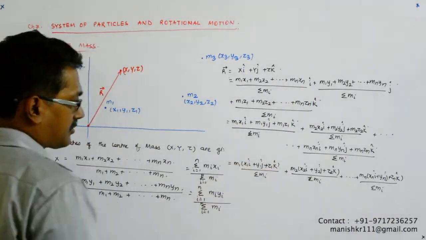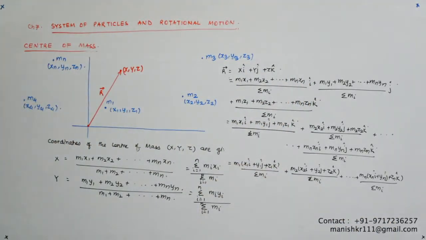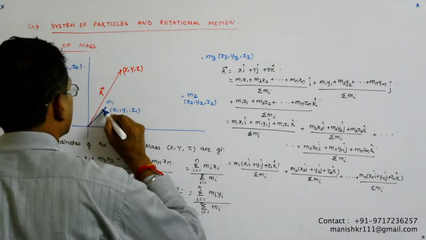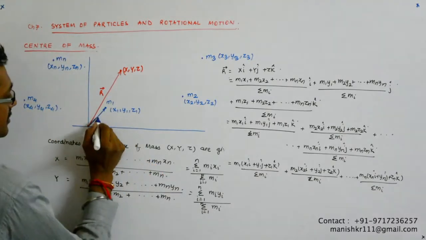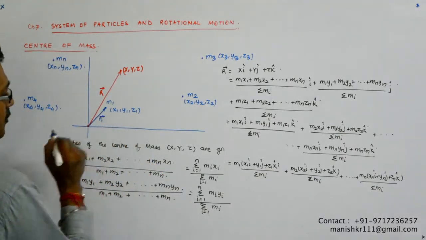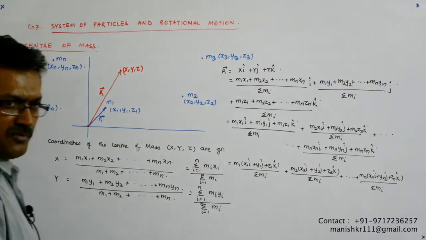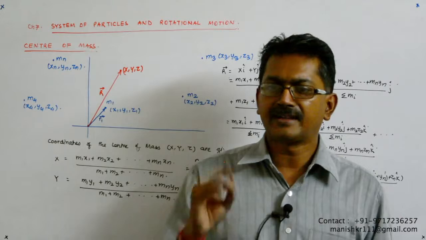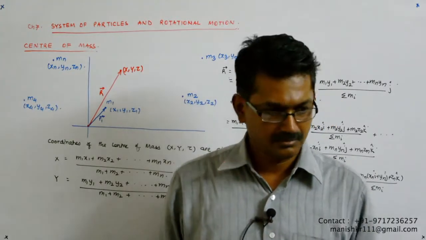Now what is this? x1 i cap plus y1 j cap plus z1 k cap is what? It is this, is it not? And this vector is r1, position vector. What are the position vectors? Position vectors always have their initial points at the origin.